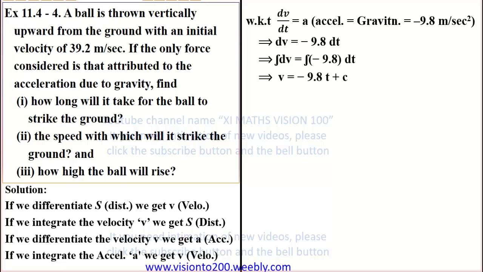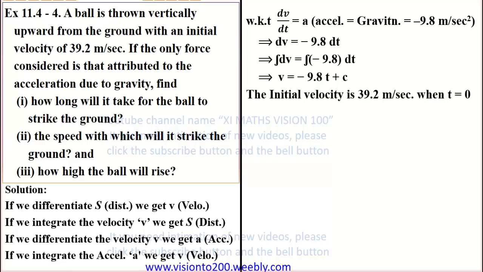9.8 is a constant, so for integration we only add a variable, minus 9.8 t. The initial velocity is given. The initial velocity is 39.2 meters per second. Then the time taken is 0 seconds.